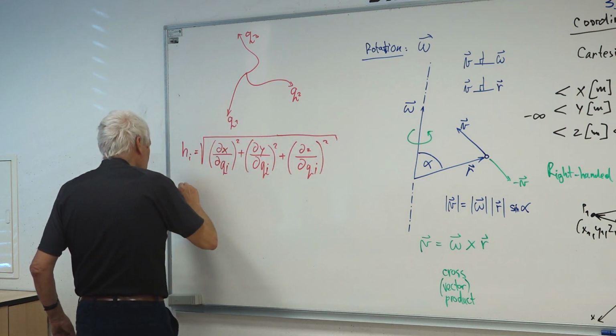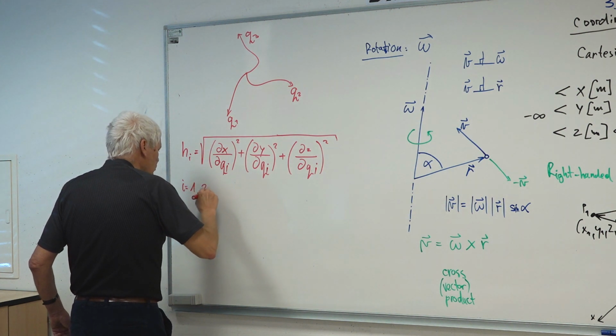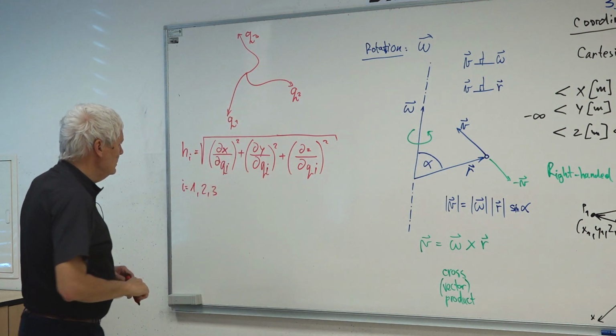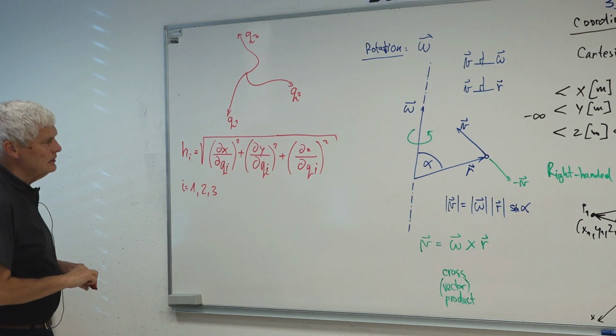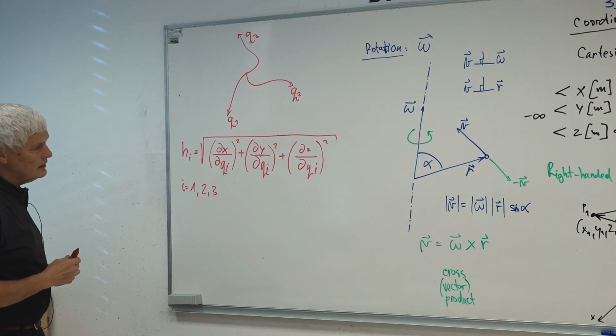And this could be for i is 1, 2, and 3 for the 3 coordinates. I get the 3 Lamé coefficients, the 3 scale factors for all possible coordinates.